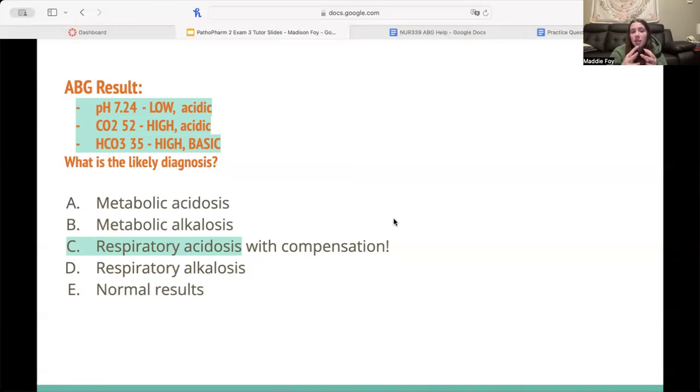But because the carbon dioxide is the value that matches the finding, you can still identify that it's primarily respiratory acidosis, even though the bicarb is abnormal. You can say, hey, maybe that bicarb is going up to compensate for that acidic state.